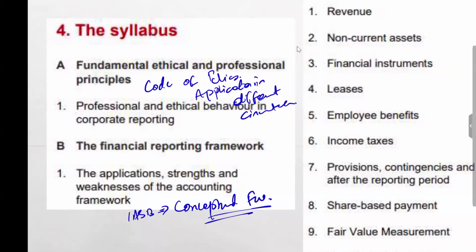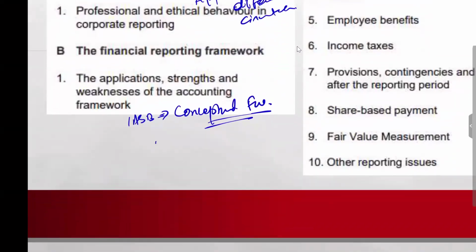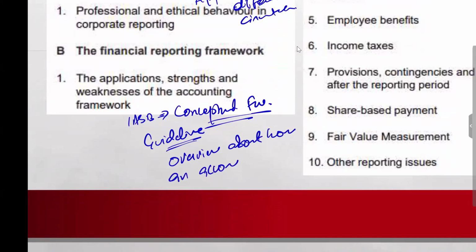The whole objective of the IASB's conceptual framework is that it gives you a guideline, an overview, about how an accounting standard should be set.